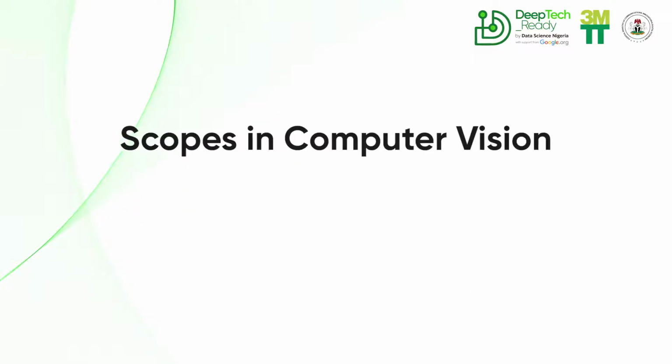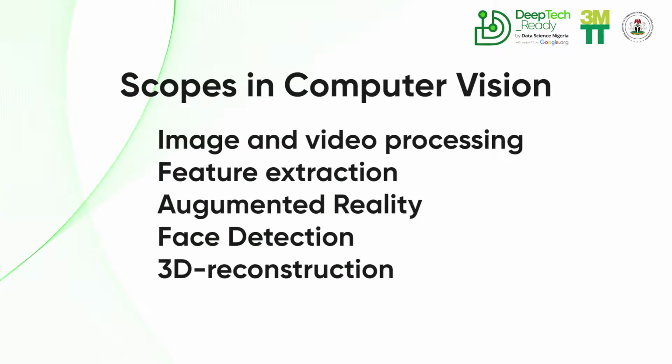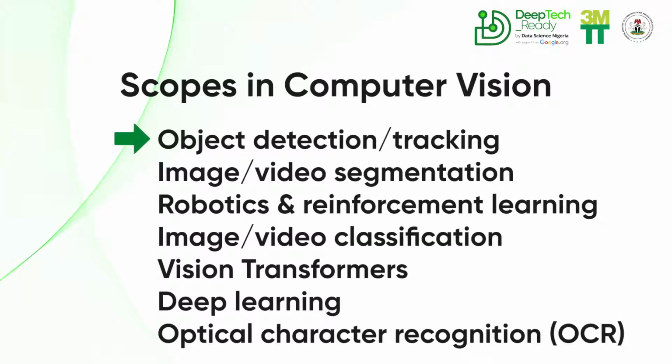What are the different scopes in computer vision? We have image and video processing. We have feature extraction. We have augmented reality. We have face detection. We have 3D reconstruction. These are different scopes in computer vision. We also have object detection and tracking. We also have image and video segmentation.